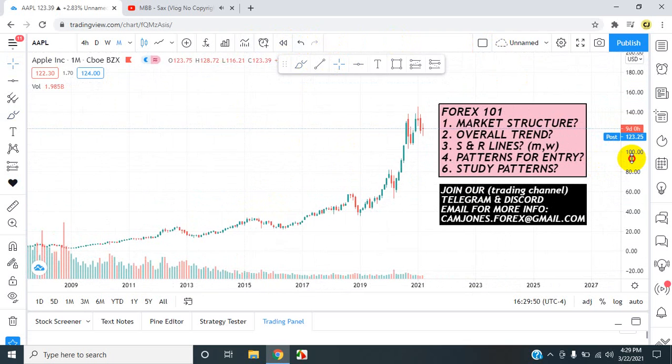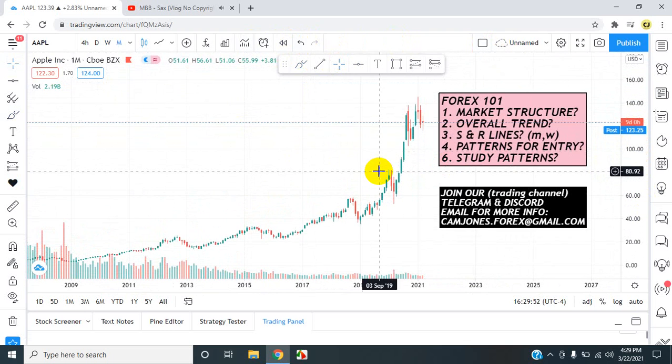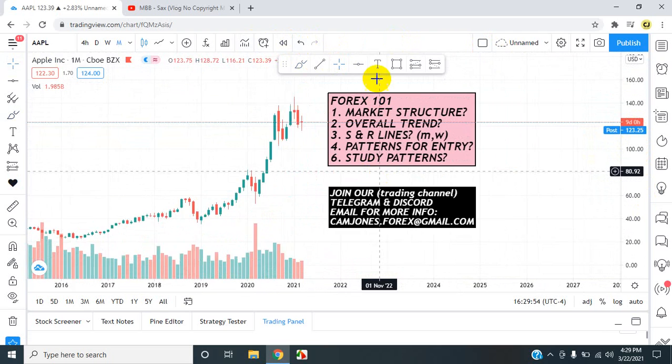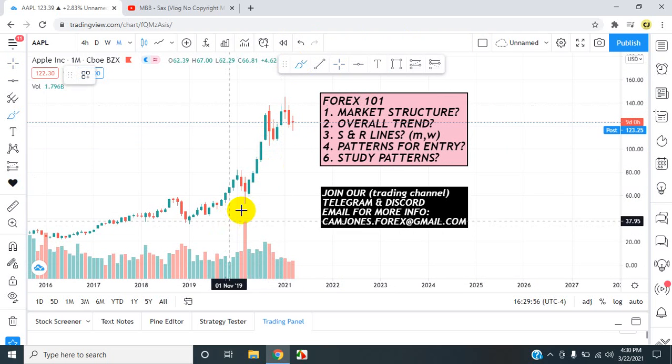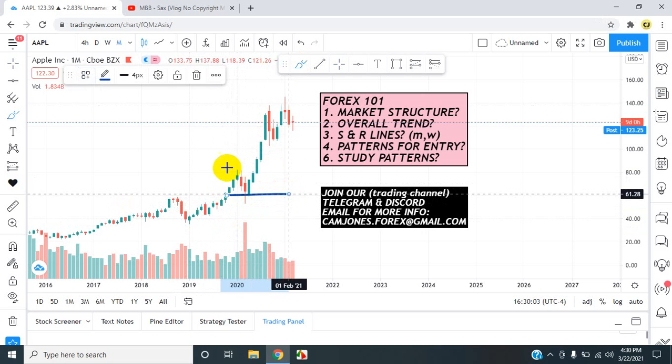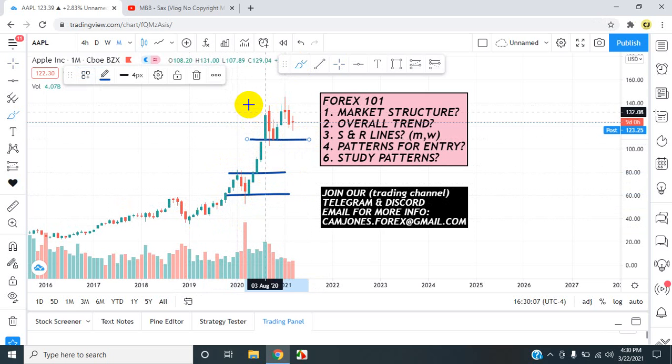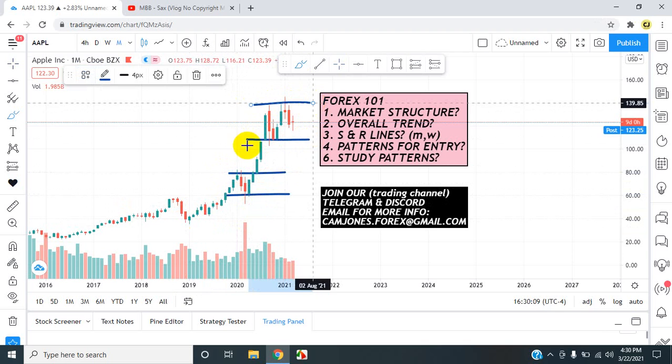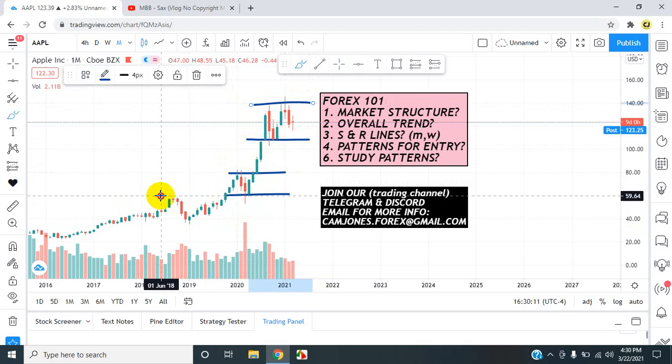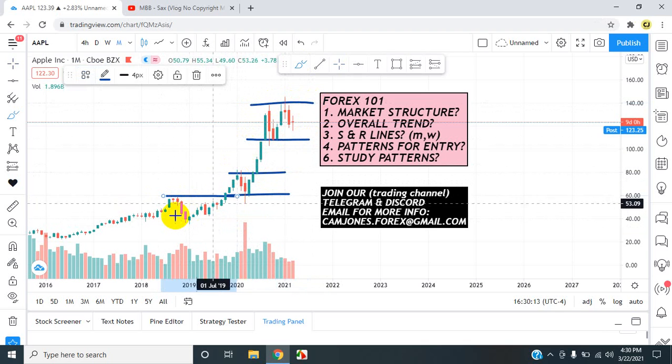Okay, so when we head over to price action, this is what we see. Market support, resistance, support, resistance, resistance, support.